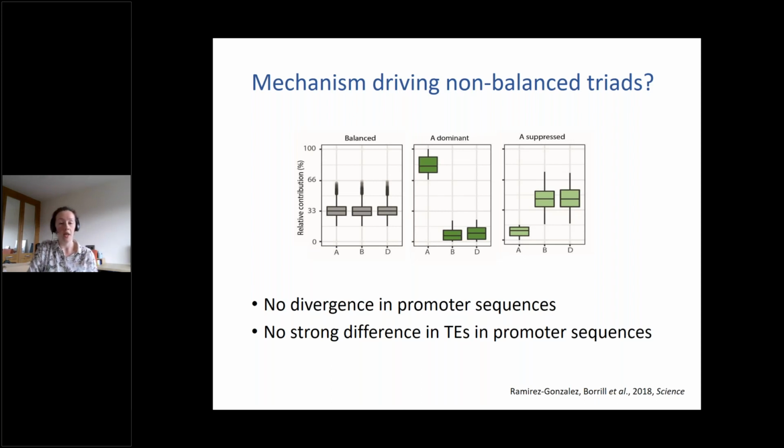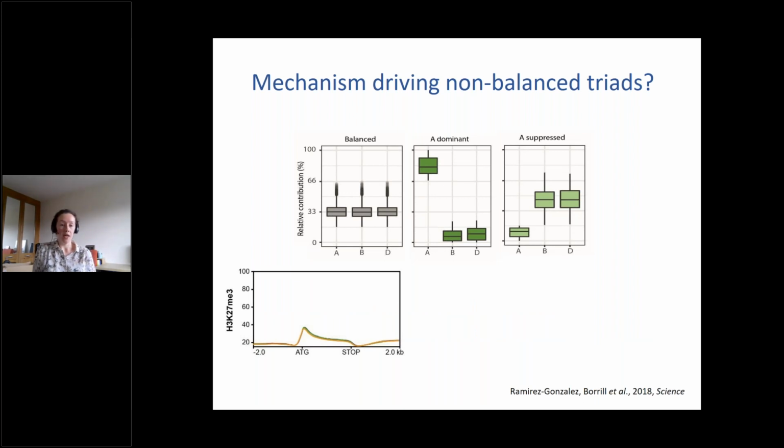So next we turn to look at epigenetic marks. And here this is showing H3K27 trimethylation across a balanced triad. So you'll have to believe me when I say there are actually 3 lines plotted, but they're basically superimposed. So the A, B, and D homolog have a very similar pattern of H3K27 methylation.